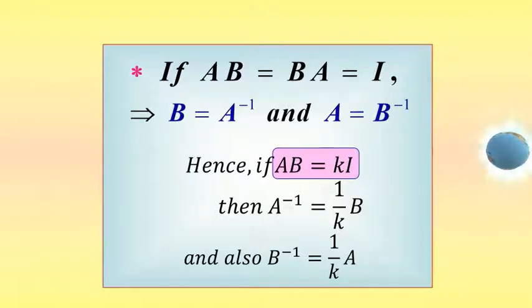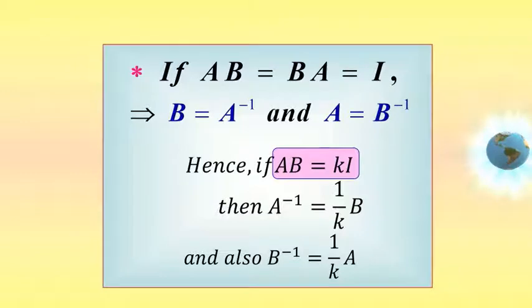Okay, so if we have A times B equal to B times A equal to identity, meaning that both of these matrices are inverse to each other, where B is equal to A inverse and A is equal to B inverse.